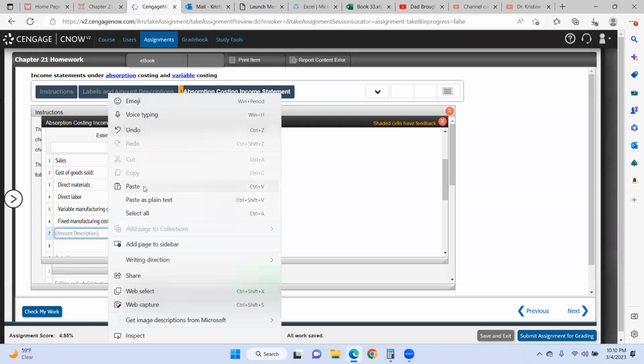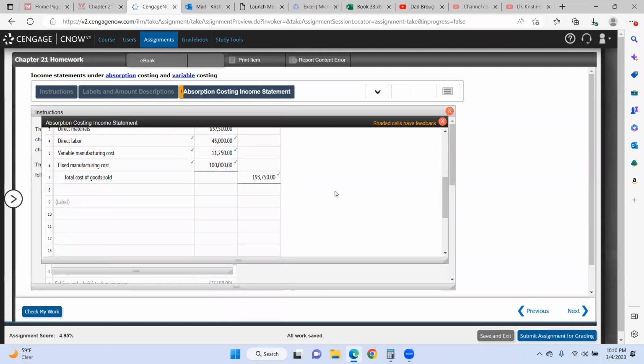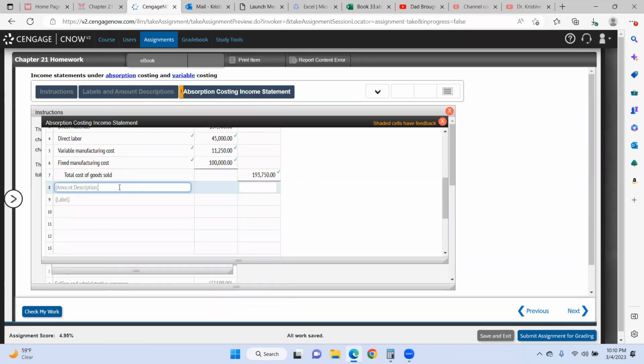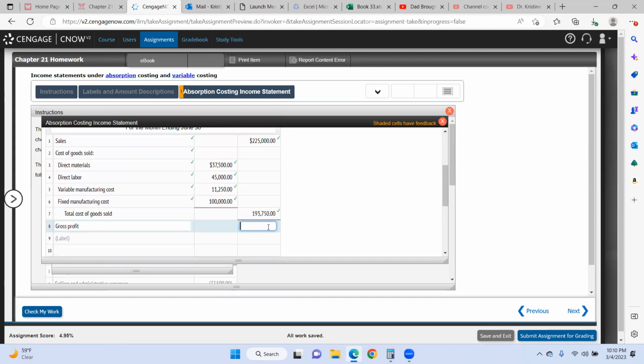Now, next thing I'm going to do is list my selling and admin expenses. This is going to be a gross profit. And so I'm going to take that 193,750. And so if I add 250, that makes it 194,650.